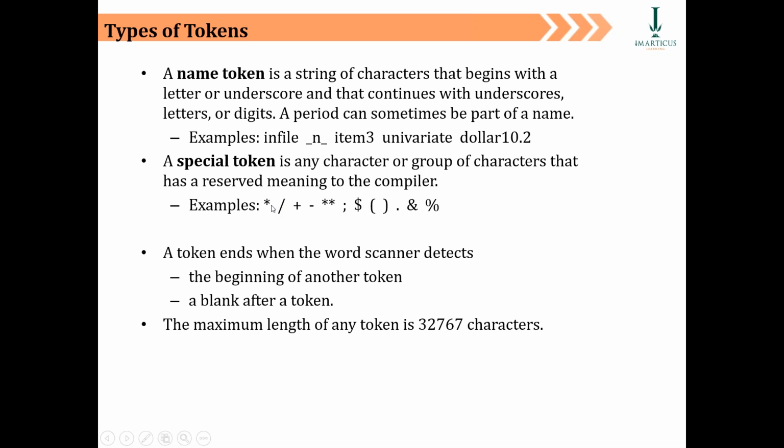Like for commenting we use star, slash, double star, dollar format, as well as ampersand format to get the result of a macro, and percent format to create a macro structure. A token ends when the word scanner detects the beginning of another token or a blank after a token. The maximum length of any token is 32K characters.